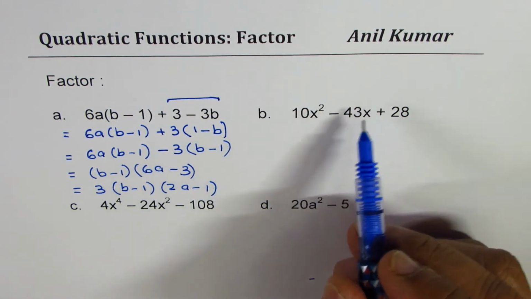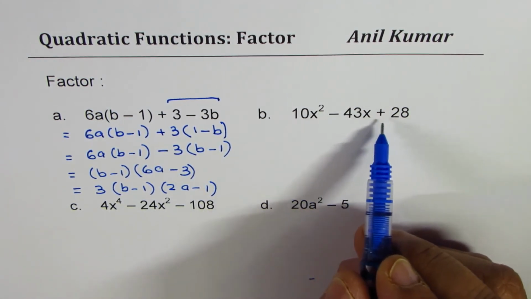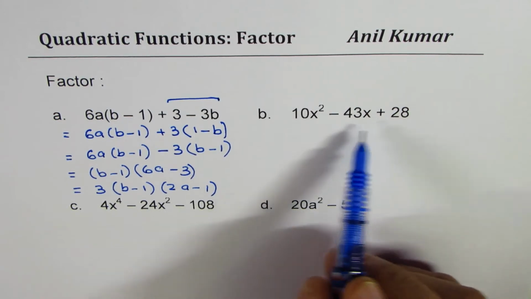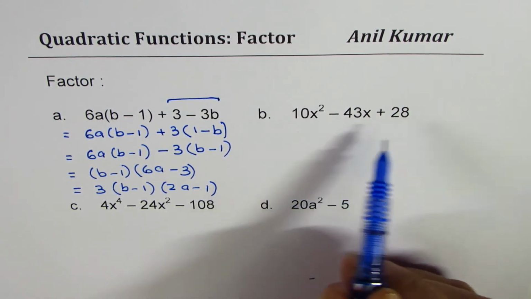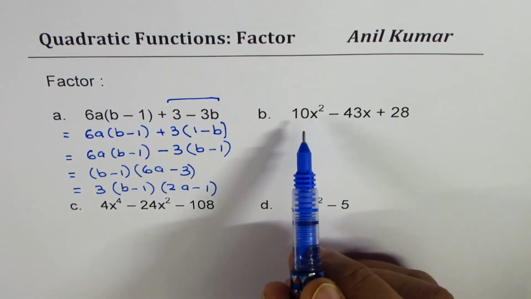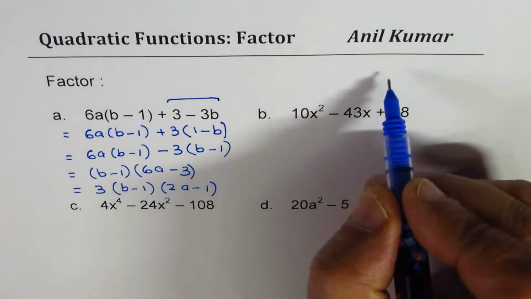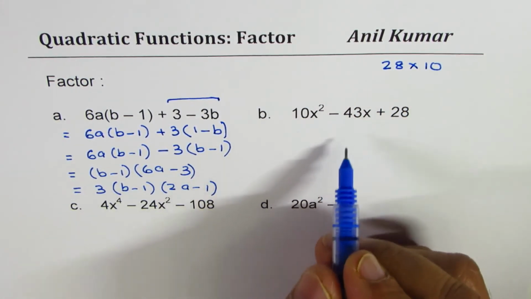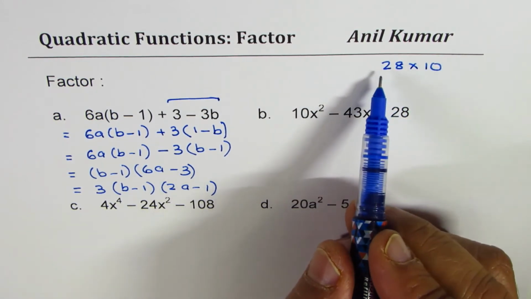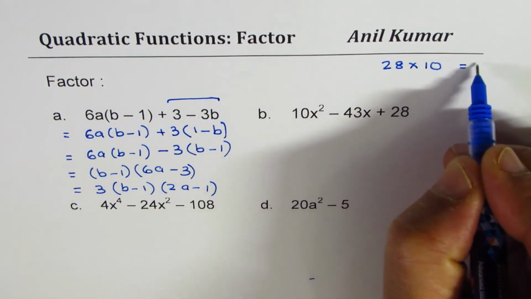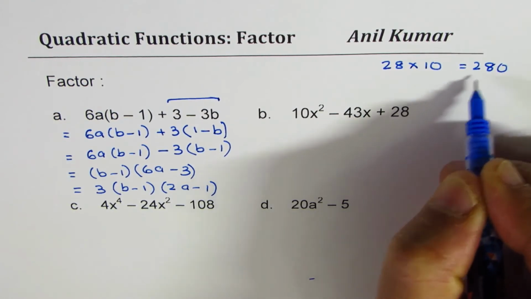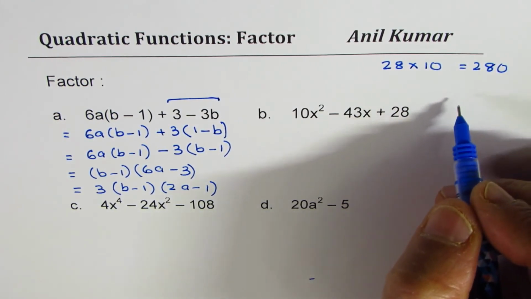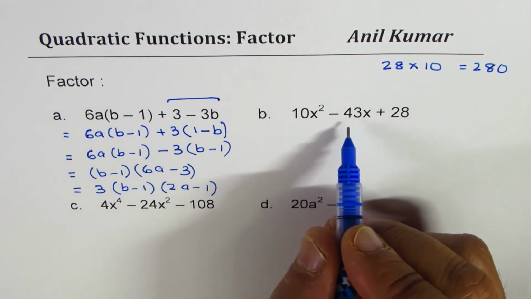Now the other one here is 10x squared minus 43x plus 28. Difficulty faced here is to find the factors. We're looking for product and sum. We want a product of 28 times 10 and a sum of minus 43. So you're working with a number like 280 and trying to find its factors and then add them to get minus 43.